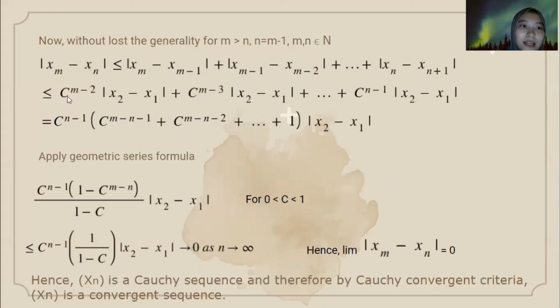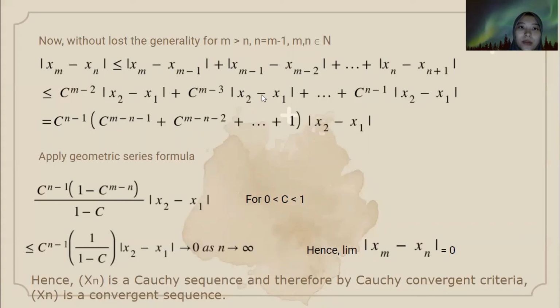You can get c to the power of m-2 |x2 - x1| plus c to the power of m-3 |x2 - x1|. Lastly, you can get c to the power of n-1 |x2 - x1|.